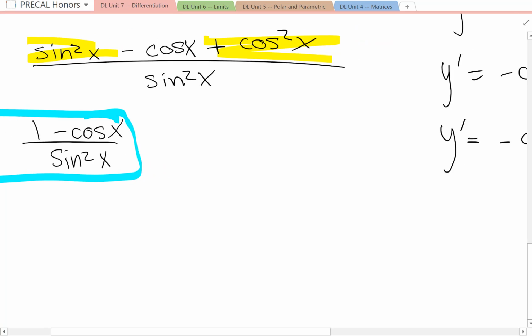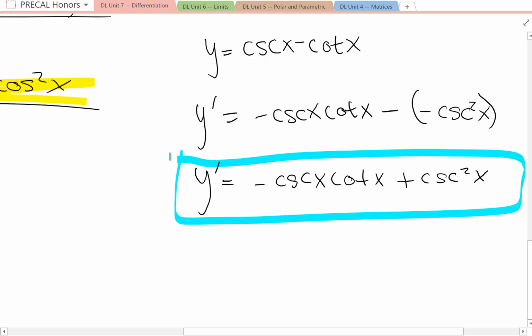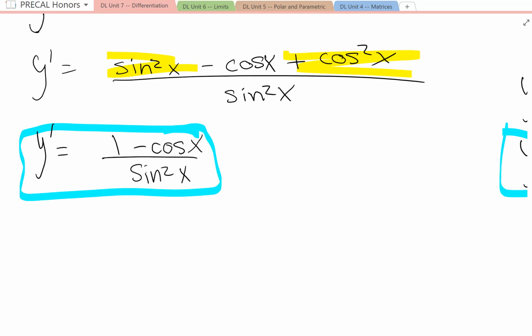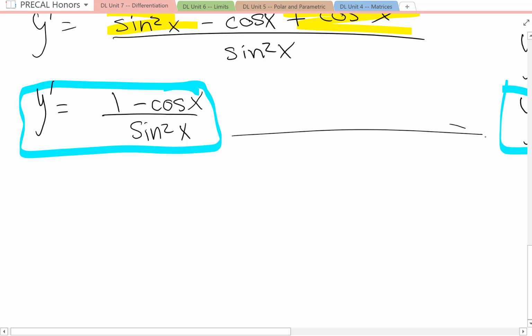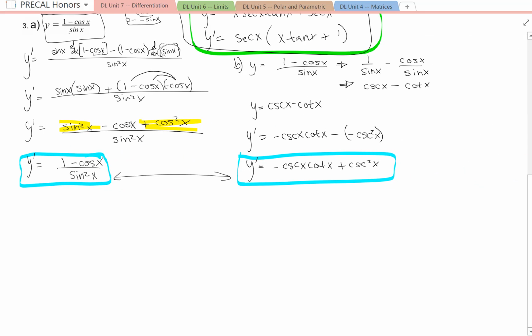But the answer that we have does not look exactly the same. So let's check. Can you rewrite this one? Is it equivalent to this one? Are these two answers equivalent?